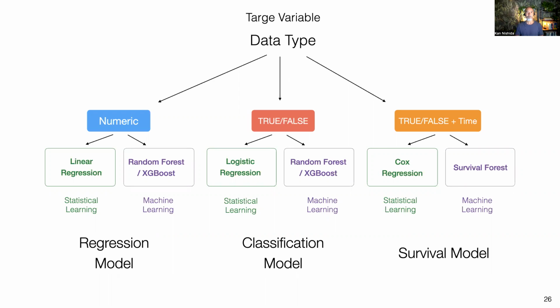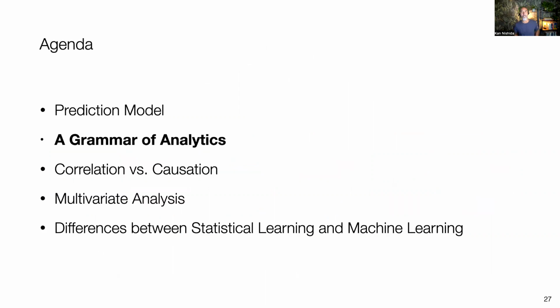Okay. Now that we know what types of analytics models, prediction models, we can use to do certain types of jobs, let's go into the grammar of analytics. This is a grammar that we define, but we didn't just come up with it from nothing.